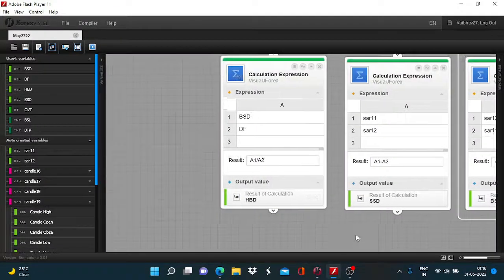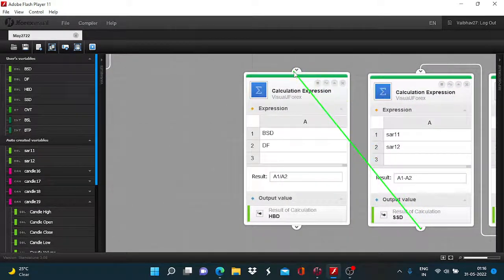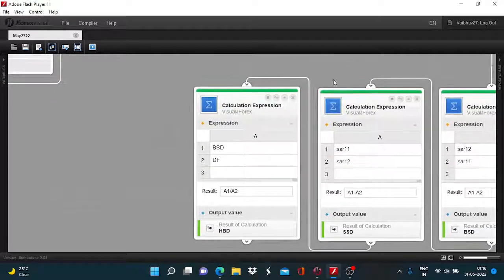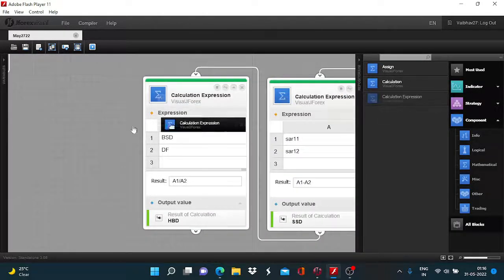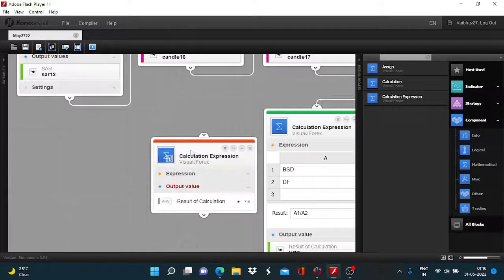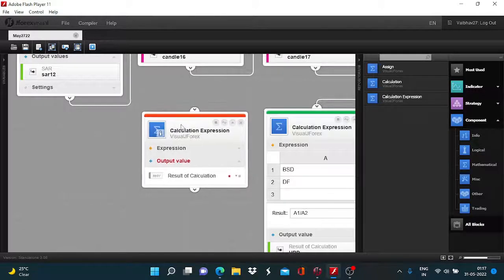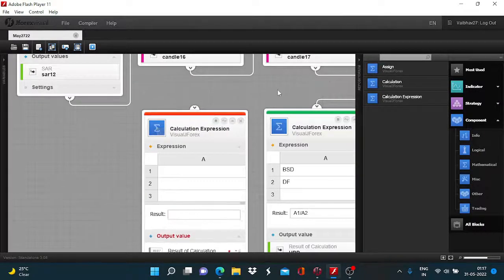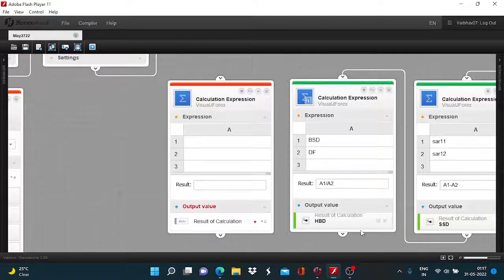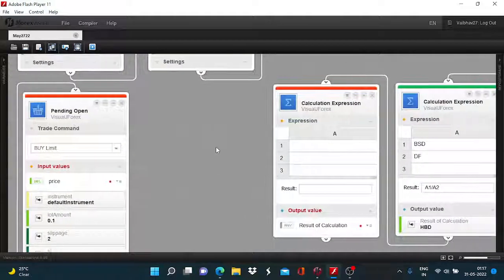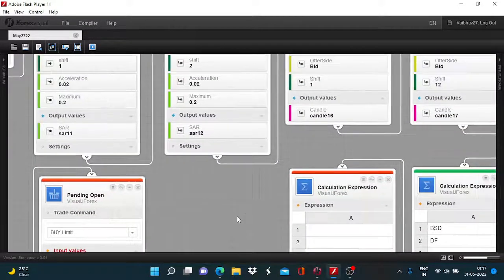All right, we take whatever is the half of the actual SAR difference and we deduct it from the last hour's closing value, which is candle 16.